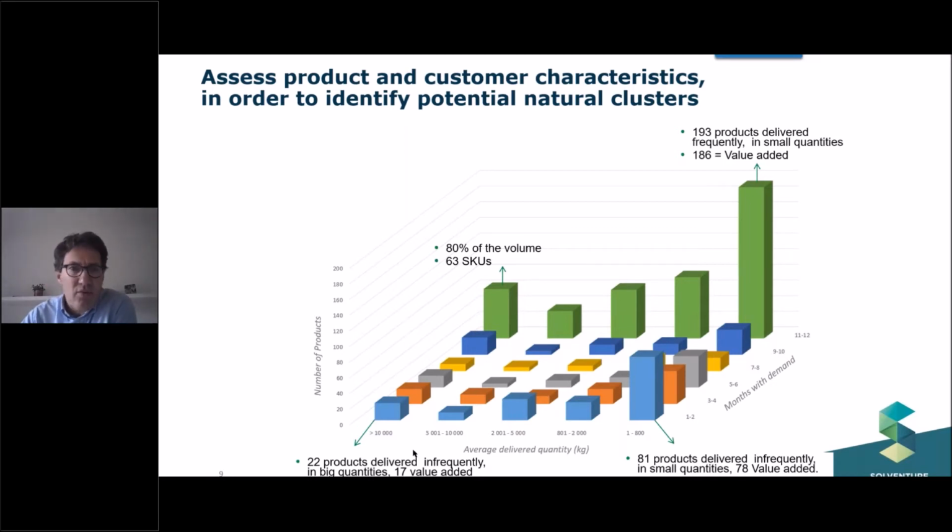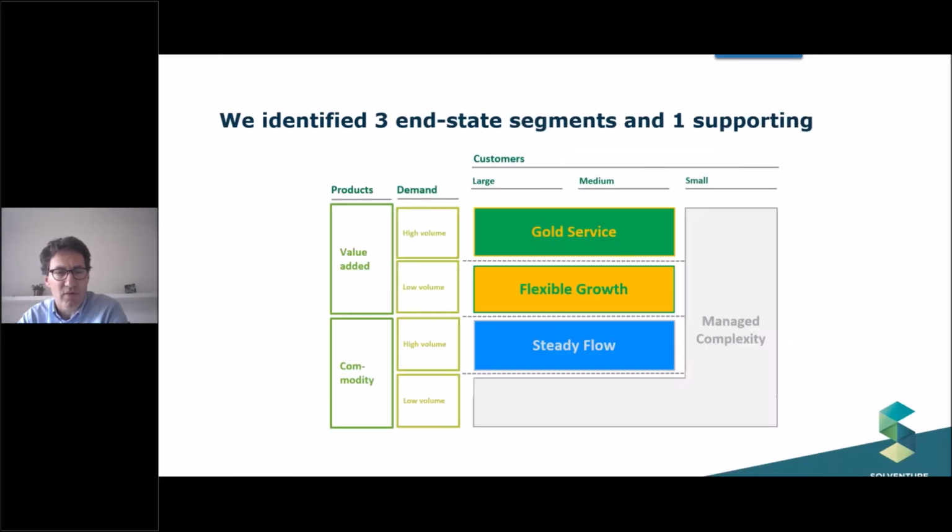In this case, that was certainly not always the case. So, analysis to identify different characteristics and see whether the company behaves differently for them.